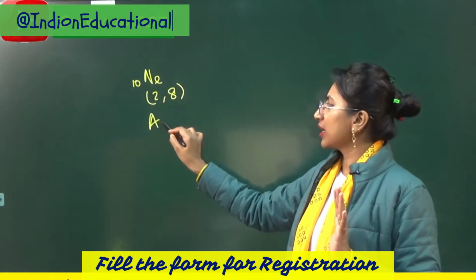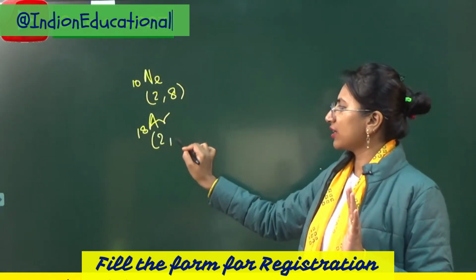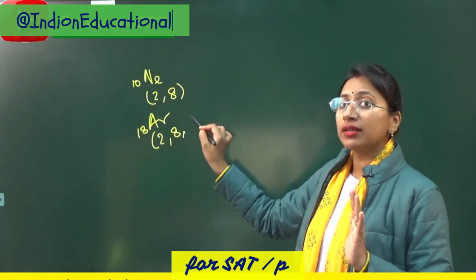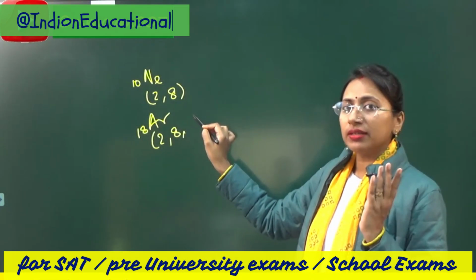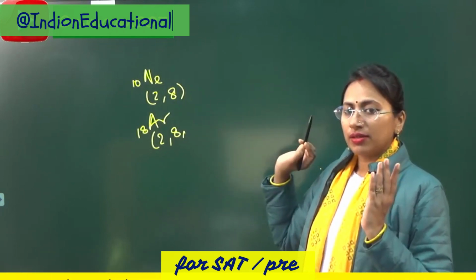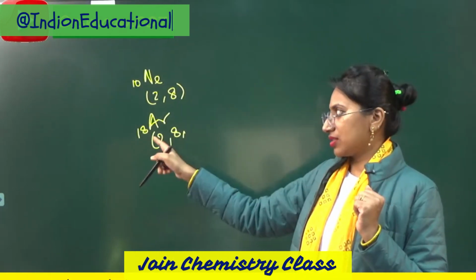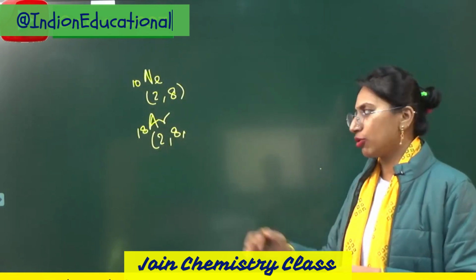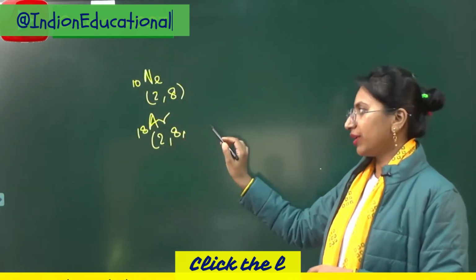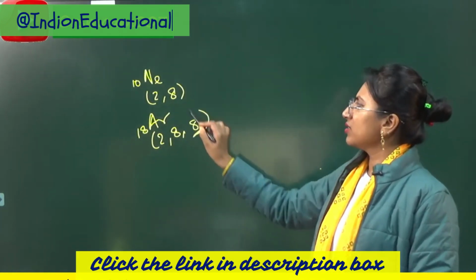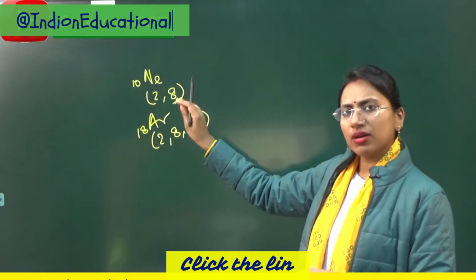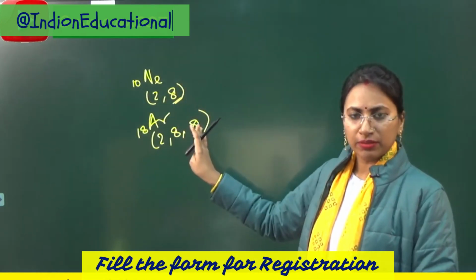If we check argon, argon has electronic configuration 2, 8, 8. Yes, there are a total of 18 electrons. So we can easily check that the valence shell has a complete octet, right?